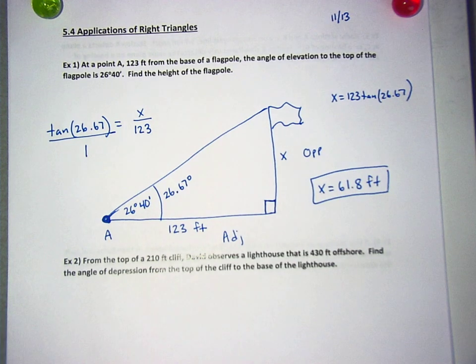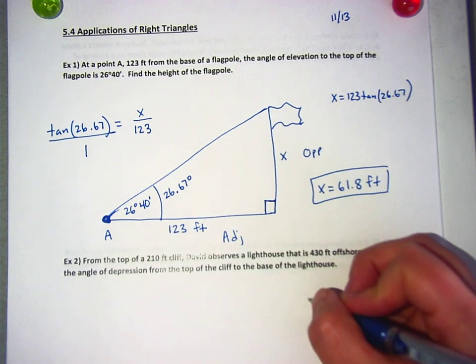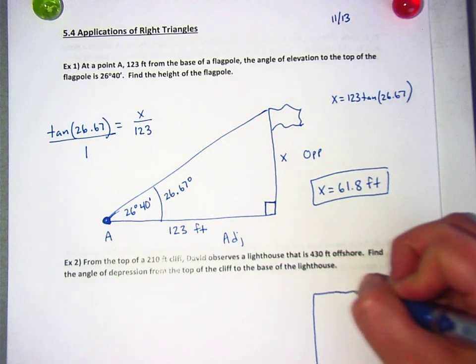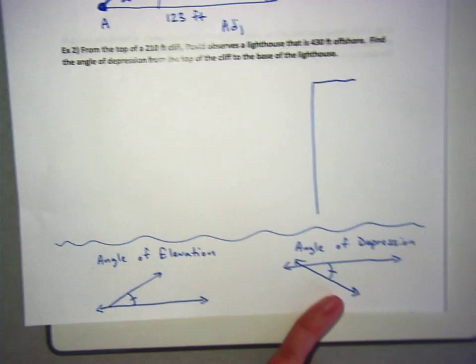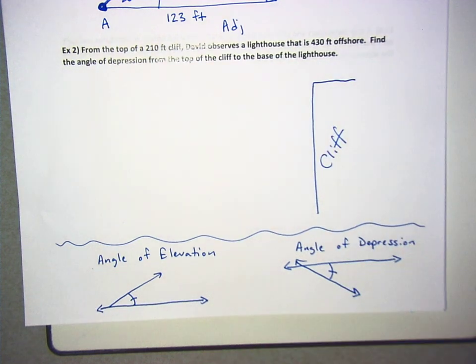All right, this one is going to be worth a prize. I'm going to help you draw the picture. Everybody ready? All right, it's a cliff. So we've got this big cliff. I'm an excellent drawer, which is why I'm going to write the word cliff on my cliff, just in case we're confused about what that is.